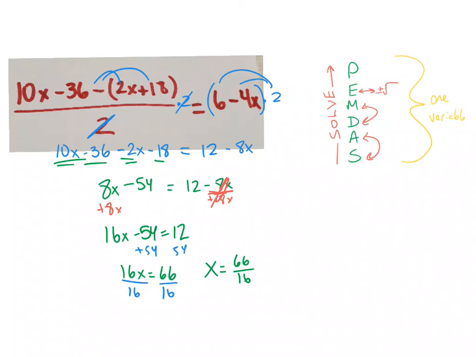If you're using one of the Texas calculators, you could simplify that with the ABC button. Divide the top and the bottom by 2, because it could also be written as 33 over 8, or as 4 1/8, or maybe give me a decimal, 4.125.